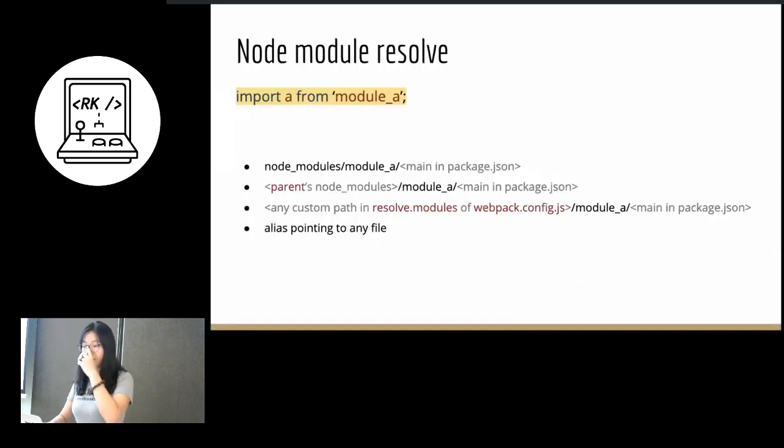So here I find a very interesting problem, which is about the module resolve, and I'm not sure whether everyone noticed this. The import from a certain module can be anywhere. What I mean is, in node modules there is a default behavior that it can look up to the parent folders to look for the node modules.